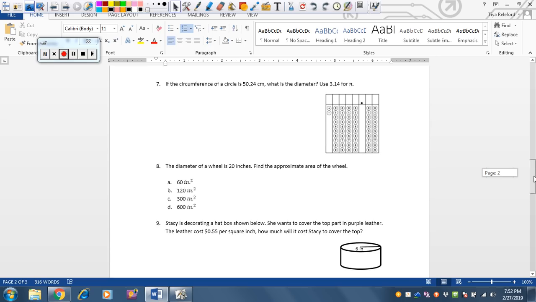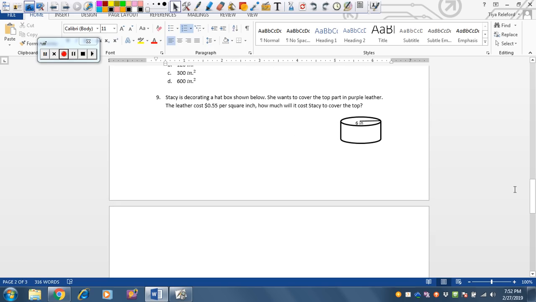Number 9 says Stacy is decorating a hat box shown below. She wants to cover the top part in purple leather. The leather costs 55 cents per square inch. How much will it cost Stacy to cover the top? So first, your keyword is cover. That means area. 6 is going to be your radius.